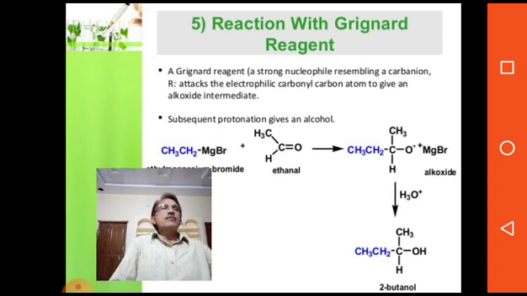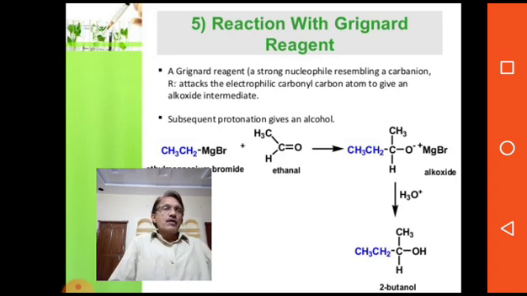When we take oxidation reactions, aldehydes undergo oxidation reactions, and ketones also undergo oxidation reactions, but oxidation reactions occur vigorously or easily in aldehydes, whereas ketones undergo oxidation with great difficulty.